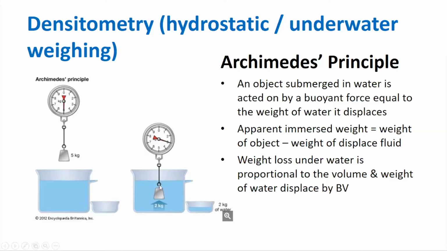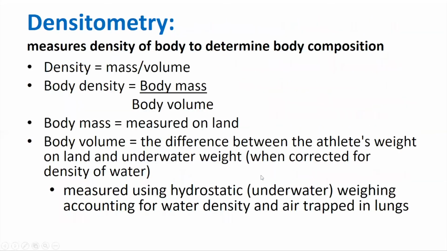The water that was displaced by submerging the weight was 2 kilograms, which essentially is 2 liters of water. You'll notice that the difference between 5 and 3 is 2. So the volume of this weight is 2 liters. We determine this by taking the mass in air and subtracting the mass underwater. So when we apply this to our body, we're able to determine our body density.